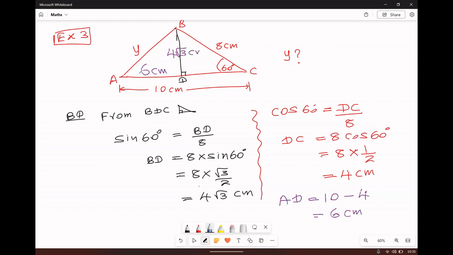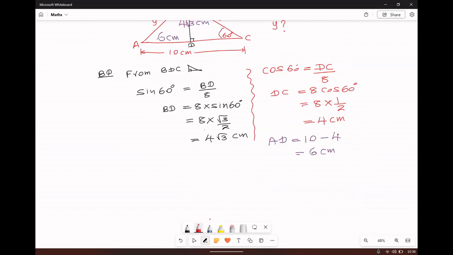So now we know the lengths. Then we can consider the right angle triangle ABD and apply the Pythagoras theorem. We could say that AB squared is equal to AD squared plus BD squared.